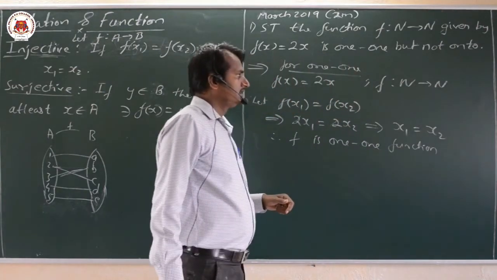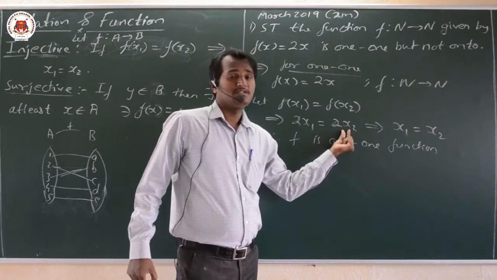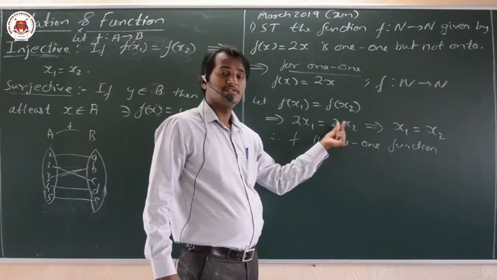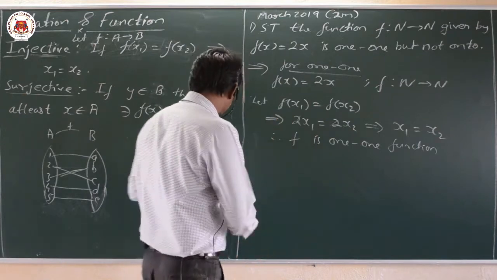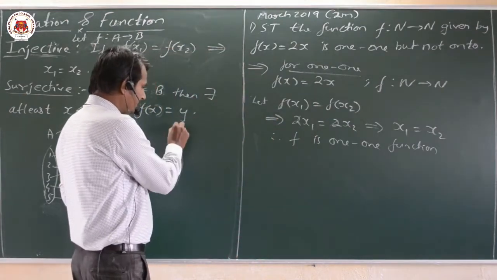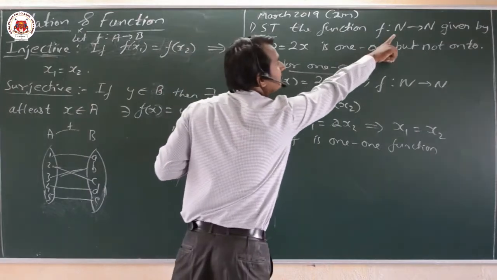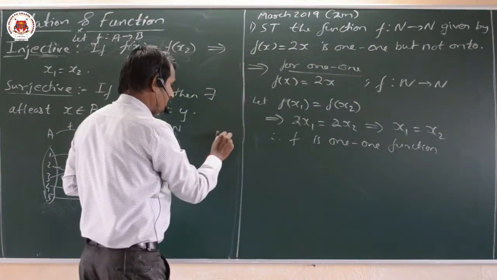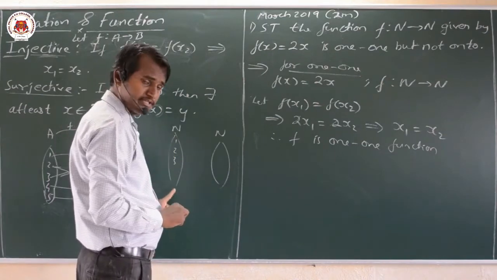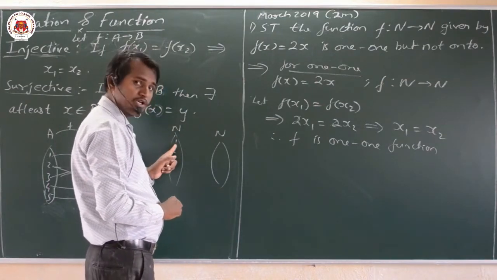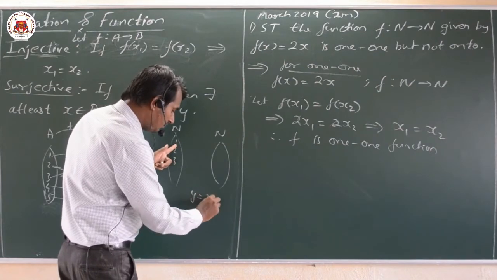Okay. Here, we have to go on to the basics also, then only we can understand all these things. That means, for example, if we are taking the set N here, that is the domain, and the next N is the codomain. N means natural numbers: 1, 2, 3, 4. For x equal to 1, what y value do we have? 2x.